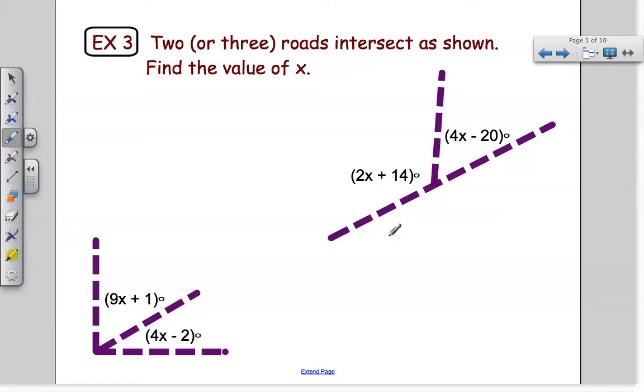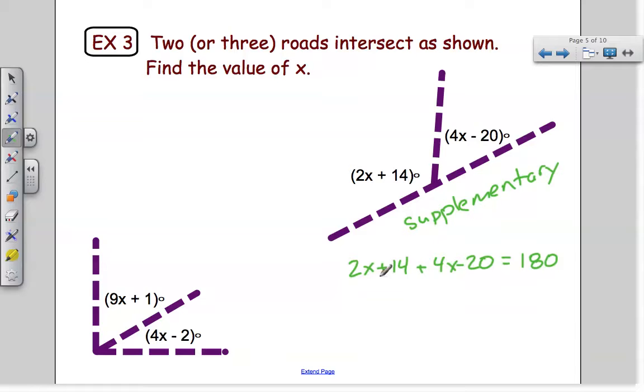Therefore, these angles are what special term that we've just talked about? Well, if they add up to 180 degrees, if they add up to a straight line, I know that these angles are supplementary, which means I should be able to add these together, and they equal 180. So I'm going to take the one angle of 2x plus 14, add it to the other angle of 4x minus 20, and together, angle addition, they add up to a straight line or 180.